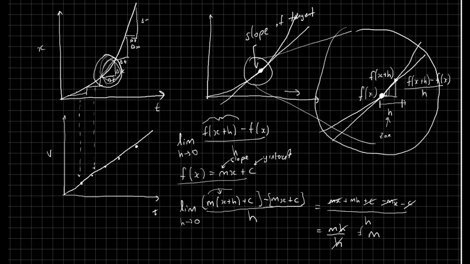So the limit as h goes towards 0, there's actually no h in this form, so the slope of this line is just m, which is what we know. This is a rough proof for the fact that m is the slope. We call this f dash of x, or we can also say df dx.